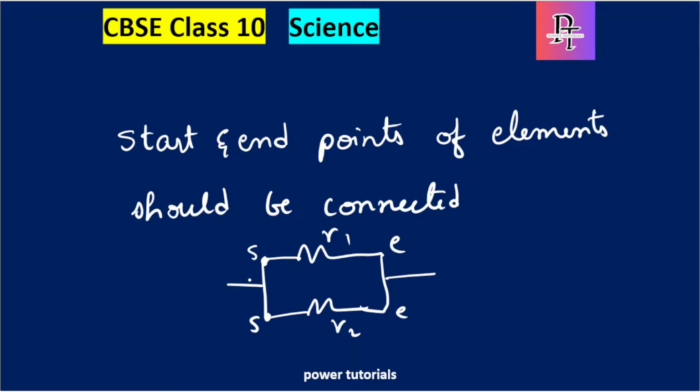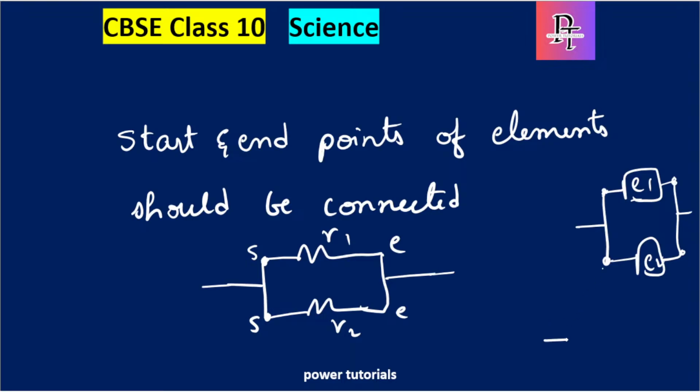Not only for resistors, but for any elements, like inductors, which will be new to you. For example, if I have element 1 and element 2, and the starting point of this element and the starting point of this element are connected at the same point, and the ending of this element and the ending of this element are connected, then I can say these two elements are in parallel. How about series? I explained last time: this is one resistor and this is another resistor.